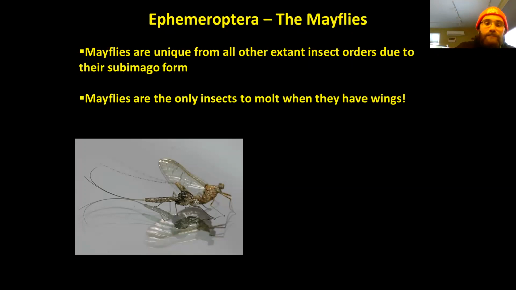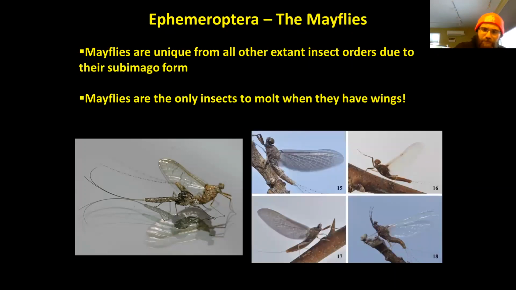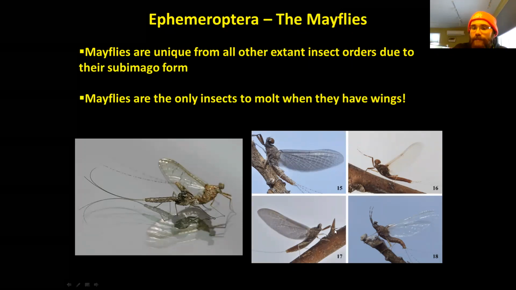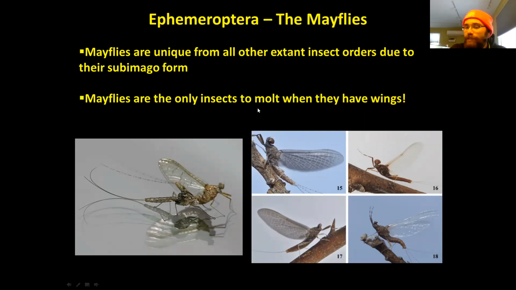No other insects alive today molt while they still have wings. And the sub-imago form looks a little bit different compared to the adult. So they usually have darker wings. And then for the males, their front legs are going to be a little bit shorter compared to when they're a full-grown imago.